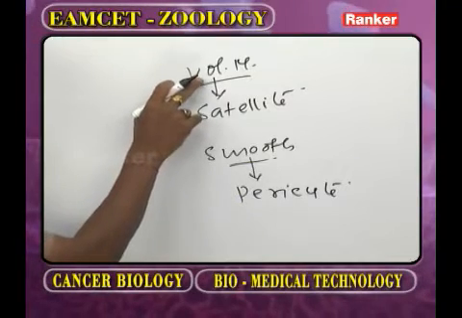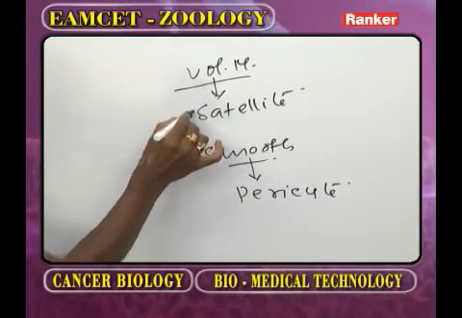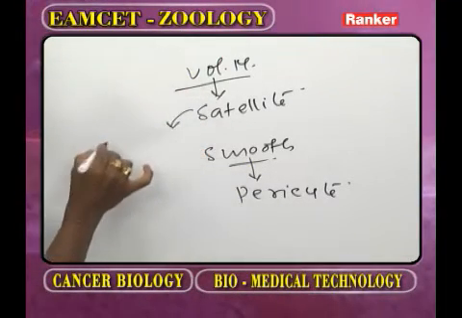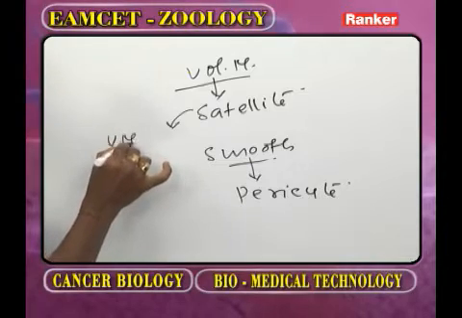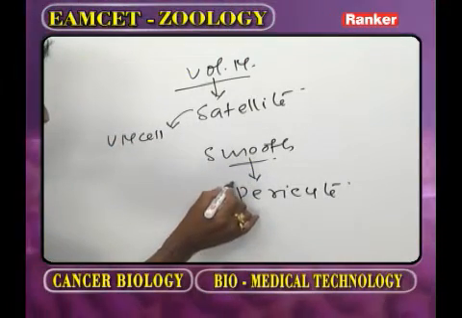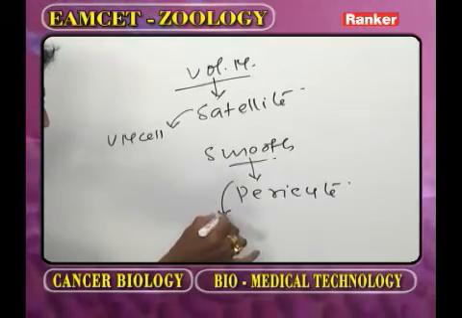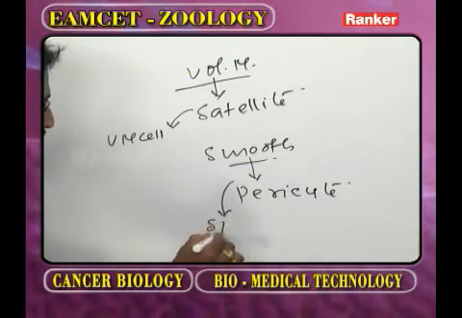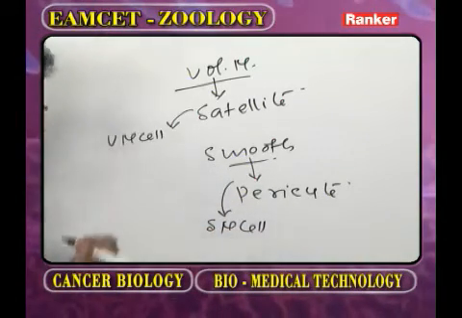Whenever a voluntary muscle cell is damaged, the satellite cell gives rise to a voluntary muscle cell. Whenever a smooth muscle cell is damaged, the pericyte gives rise to a smooth muscle cell.